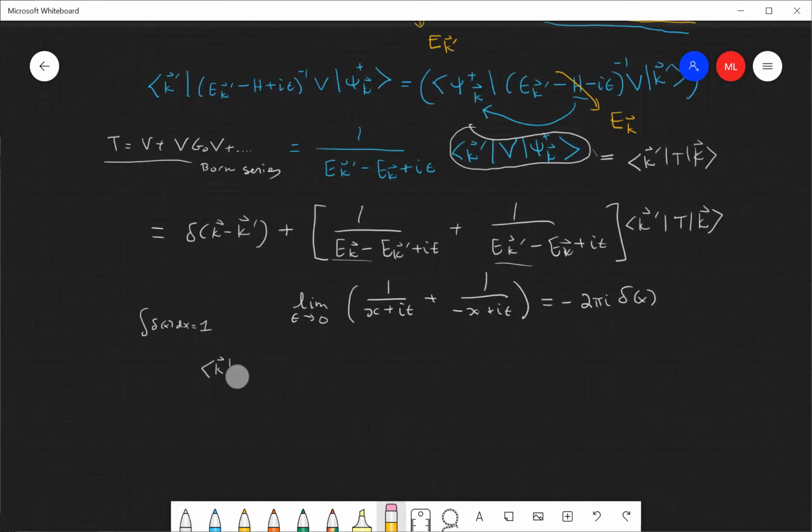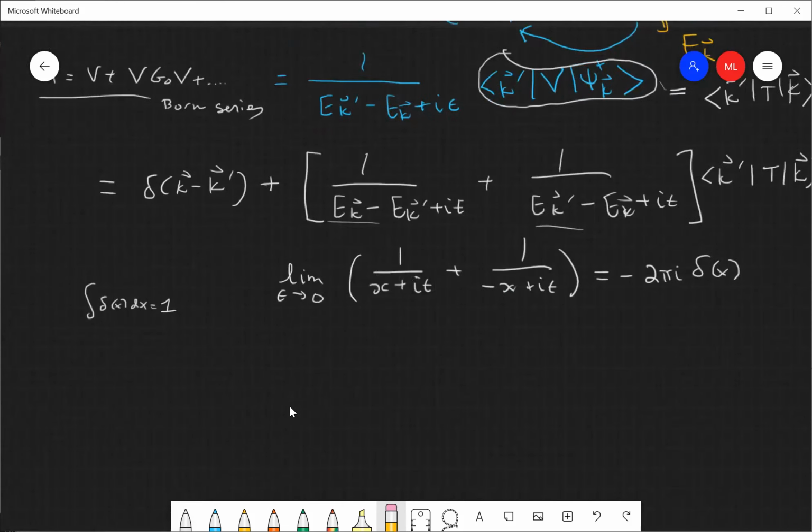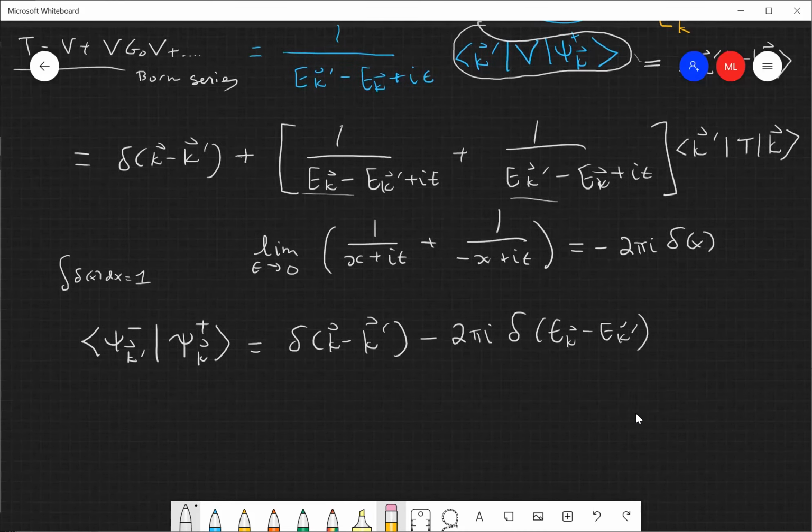So what we found is that the inner product between the inward scattering solution and the outward scattering solution is equal to minus 2 pi i delta function in the energies. And then all that's multiplied by the T matrix elements.